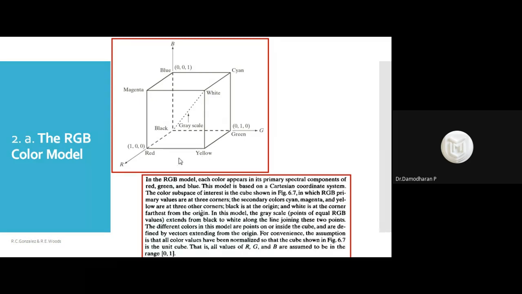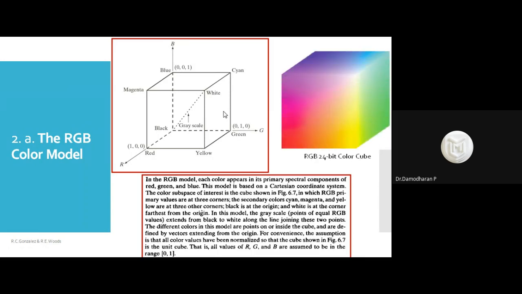What we are seeing here, we are able to see in terms of a color image. In this cube, you can see this point is a red color.